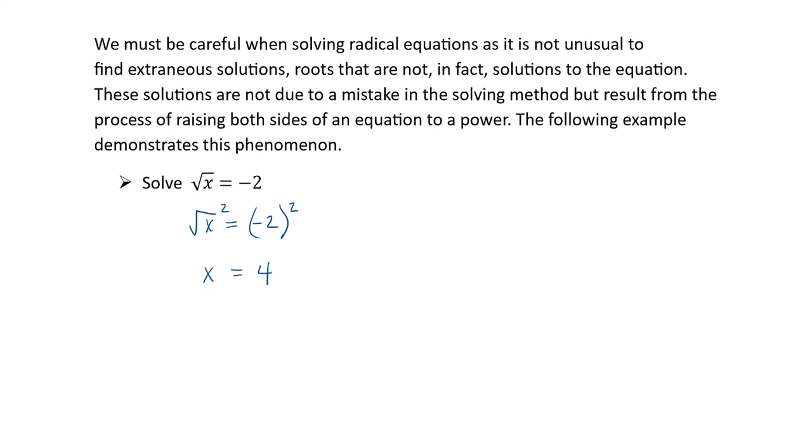All seems well until I check. When I check, I have the square root of 4 equals -2, and we know that is not true. Since this is the only solution we came upon, we have to throw that solution out. We say no solution, as well as marking out the equal sign.